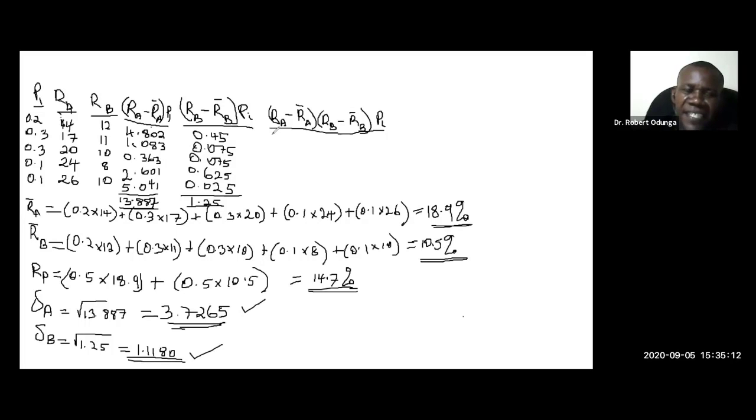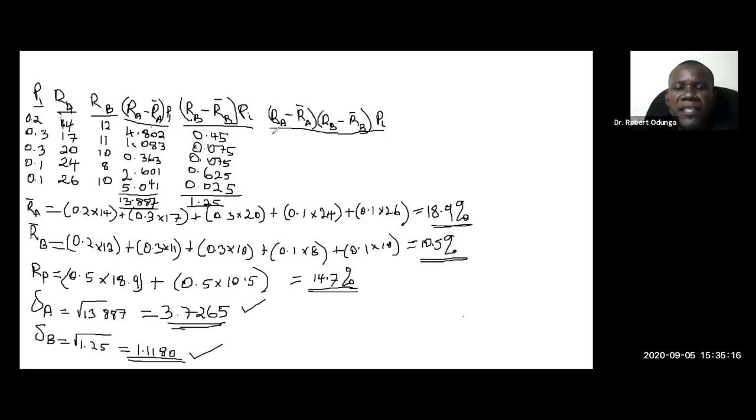Yes, 4.9. Negative, isn't it? Remember, negative signs are very important. So can you multiply now with the one for RB minus RB bar, and then multiply with the probability?